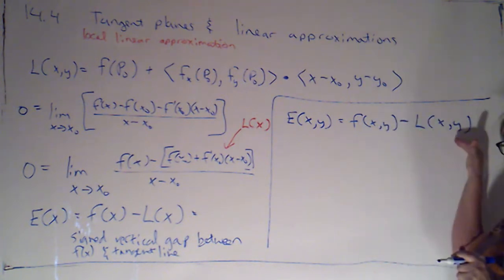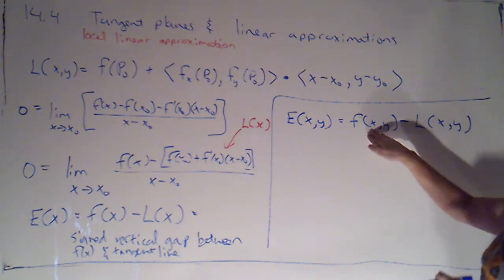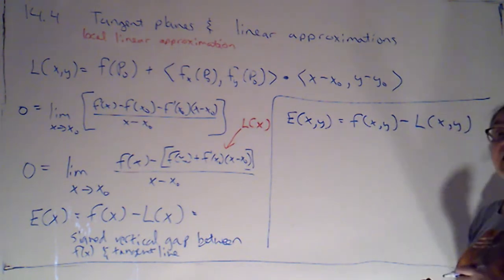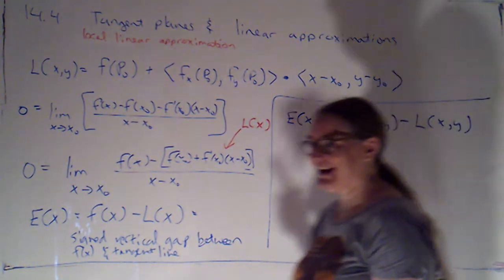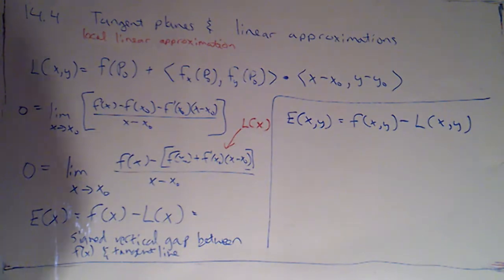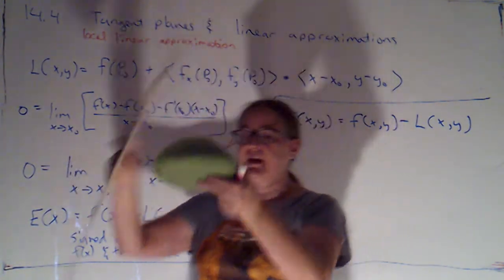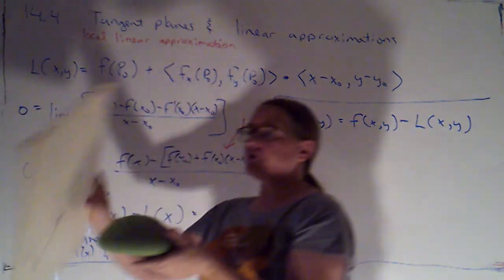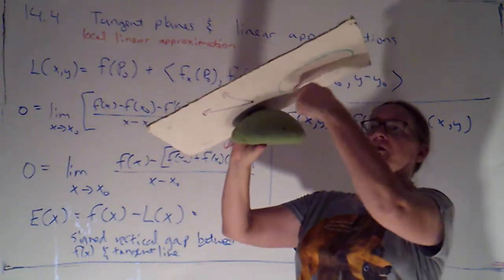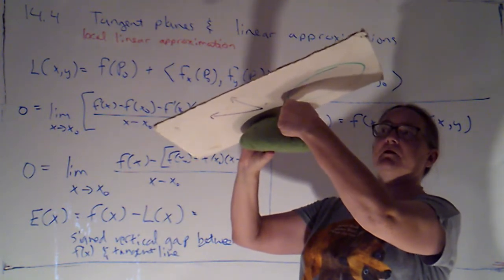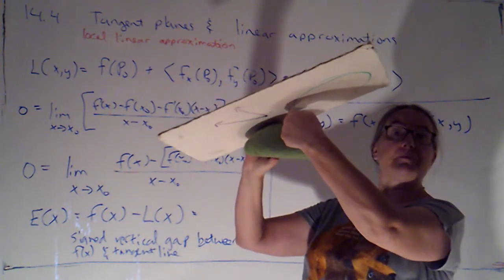So that's the signed distance between the z value on the surface and the z value on the, hopefully, tangent plane. If I have a surface like so, and here's my tangent plane, we're talking about the vertical gap right here between the z value on the surface and the z value on the plane.